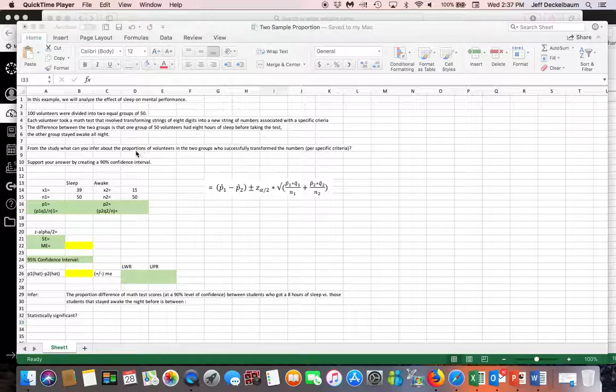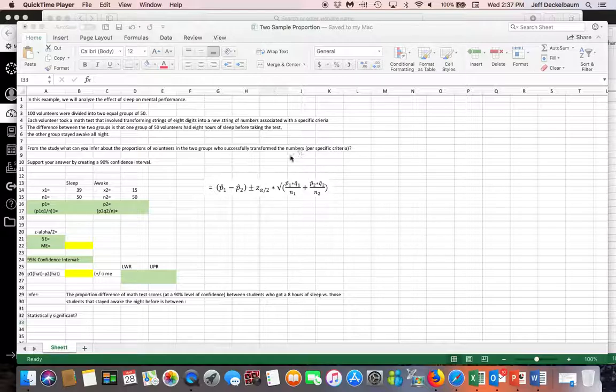The question we're being asked, from the study, is what can you infer about the proportion of volunteers in the two groups who successfully transformed the numbers per this specific criteria? We're asked to support our answer by creating a 90% confidence interval.